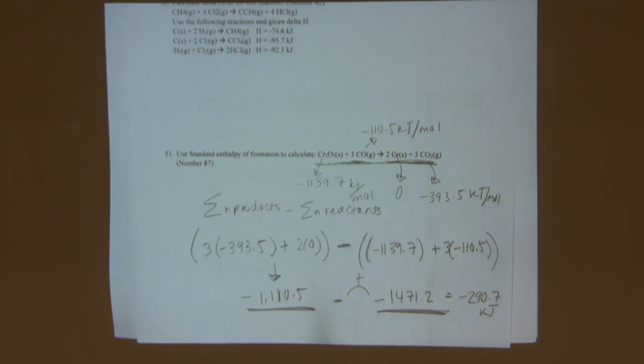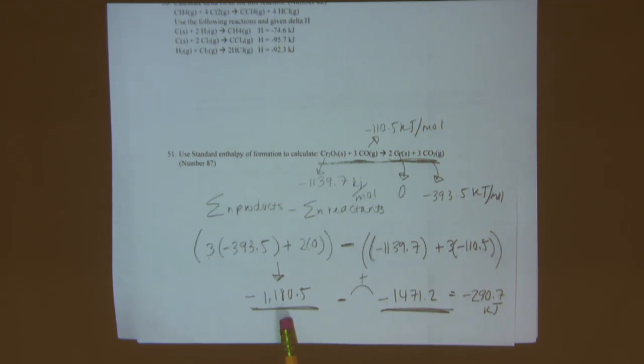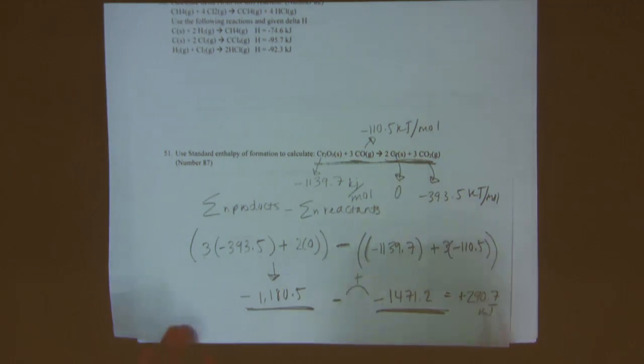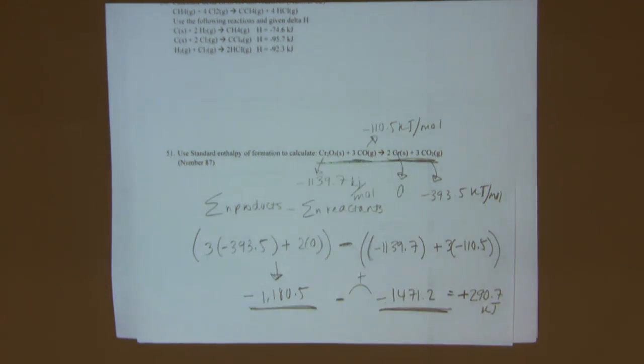So basically it's 1,471.2 minus 1,180.5. You're right, the answer will be positive. It's just the sign. You just have to make sure you put it into the calculator correctly. Does that make sense for everyone? When you're typing in 1,180.5, make sure you put the negative sign in front of it and then add. Yeah, okay, awesome.